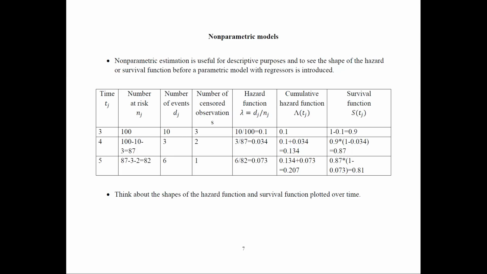So the first thing to do is we sort the observations based on duration from the smallest to the largest, from T1 to Tn. So let's see, this Tj is the time periods in the data. So suppose that the event hasn't happened to anyone before time period number 3.